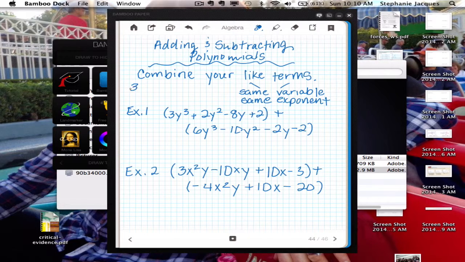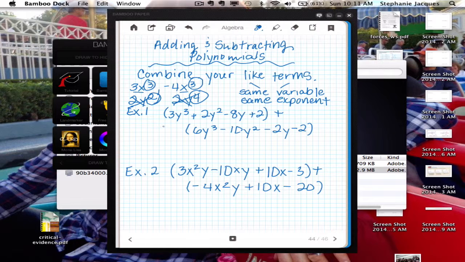So for example, 3x to the third is a like term with negative 4x to the third. Same variable, same exponent. But 2y to the second and 2y to the fourth are not like terms because they do not have the same exponent. So let's look at our first example.